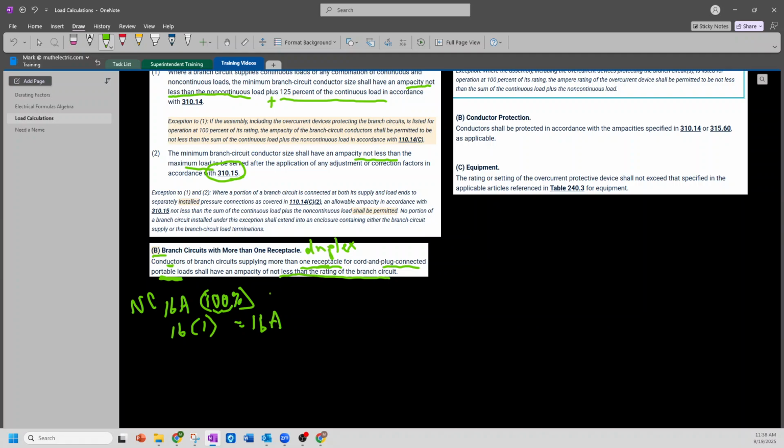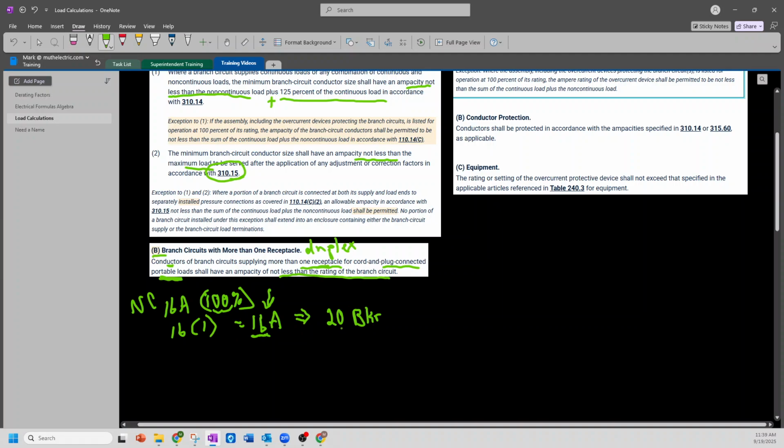Well, the conductor for that would be a number 12. We can't do anything less than 12 for 16 amps. Now there's not a standard size 16 amp breaker, so the next larger one that we're allowed to go up to is a 20 amp breaker. Again, your conductor's got to match your breaker.